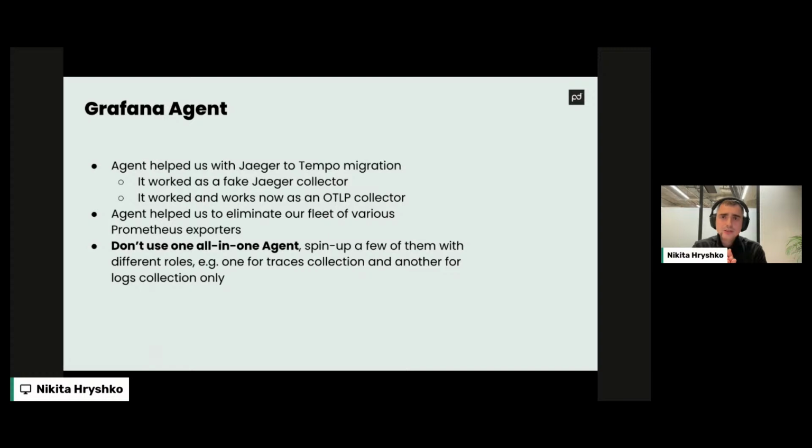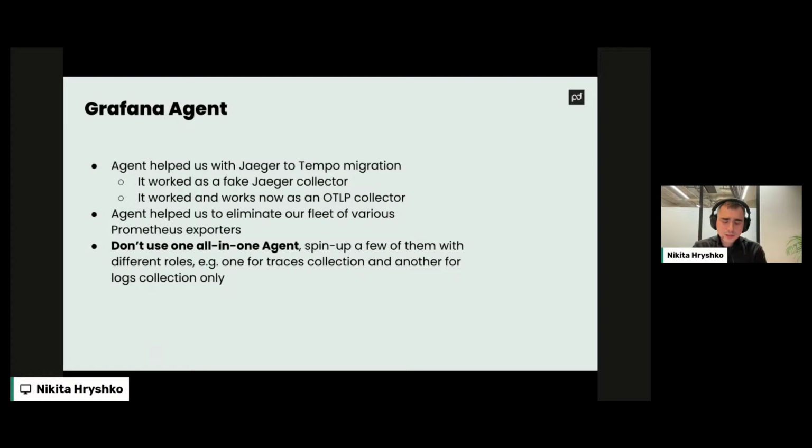Also, agent helped us to eliminate our fleet of various Prometheus exporter servers. And this is a really great thing because folks from Grafana Labs did a really great job by putting all popular exporters for databases, caches, statsd into the agent and providing the configuration layers on top of them.